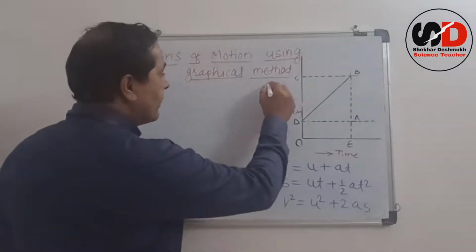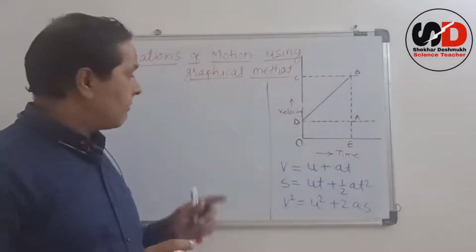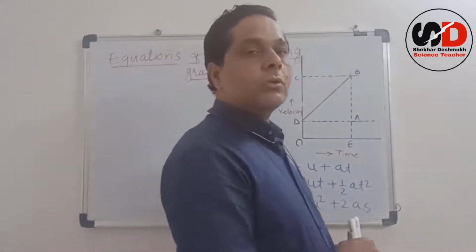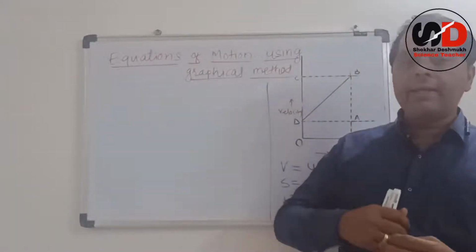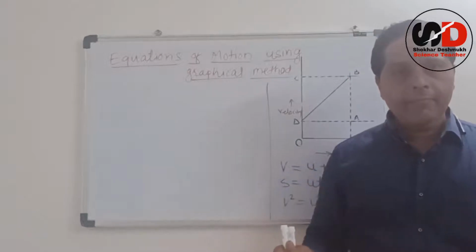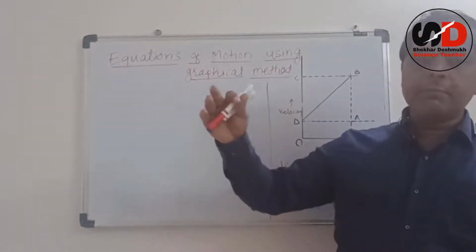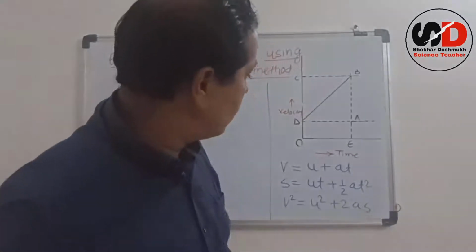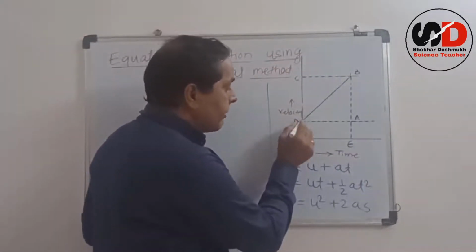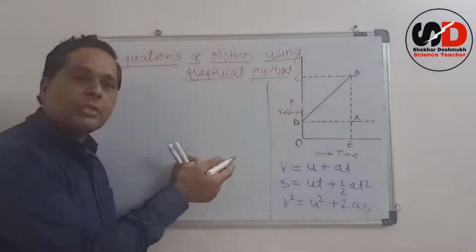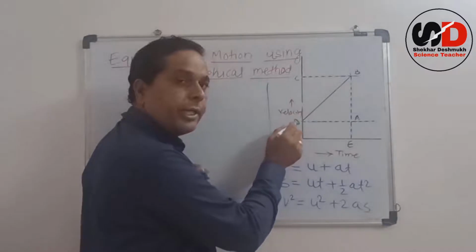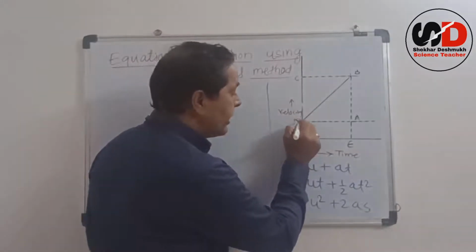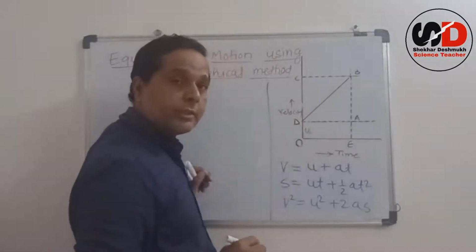So let us prove the equations. Suppose the object is moving with initial velocity U and it attains the final velocity V due to acceleration A, and the displacement that takes place is S. In this graph, the object starts from point D with initial velocity U. Velocity is taken on the y-axis, so OD is nothing but U, the initial velocity.